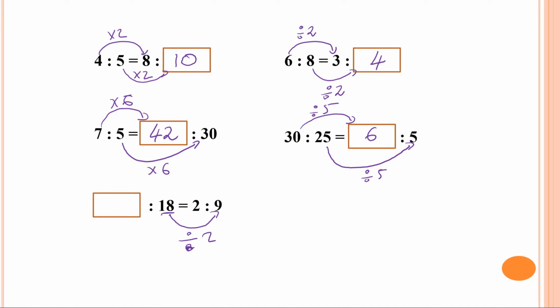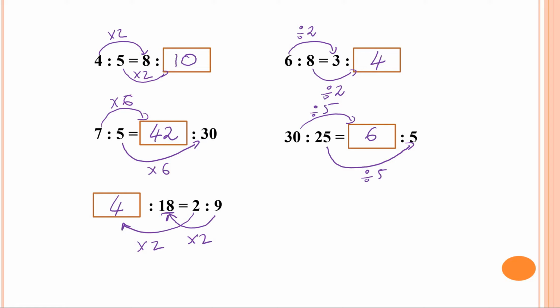Then the something divided by 2 gives me 9 as well. But going forward is always easier, so I can even write 9 to 18. Easier if you like. Times by 2 gives me 18, so this must times by 2 as well. So 2 times 2 is 4.